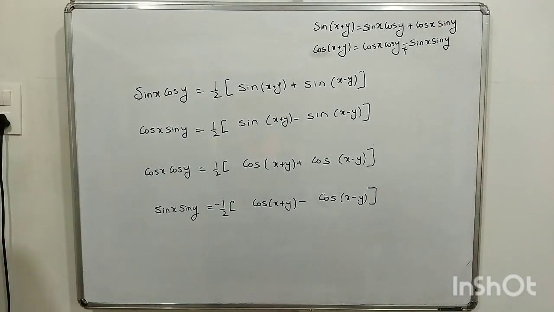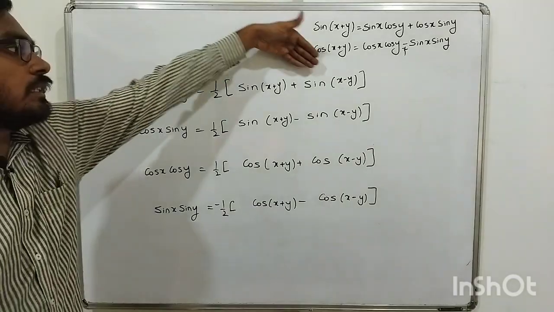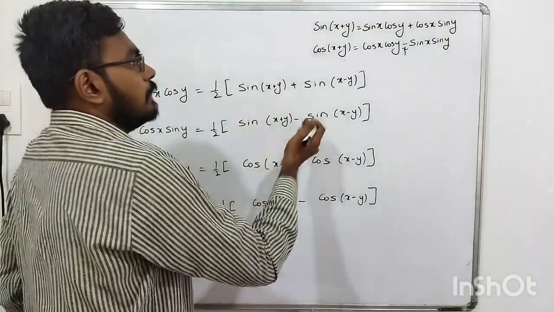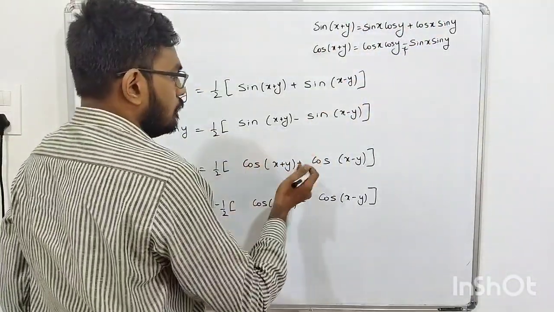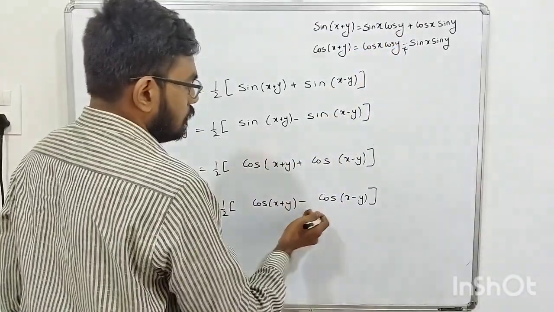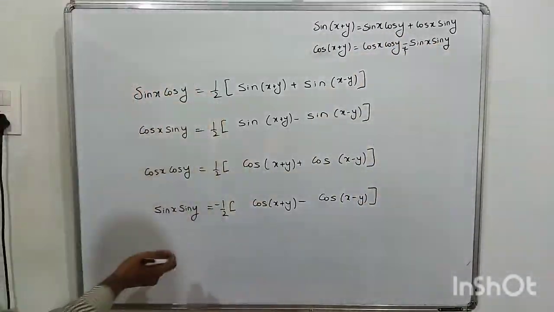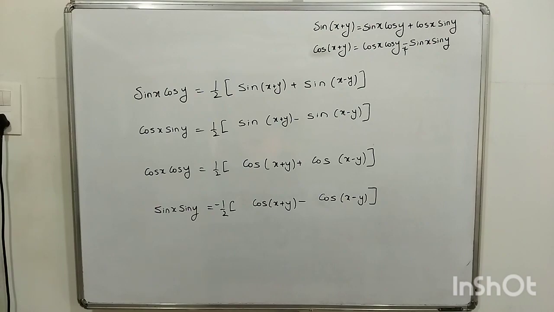So we have 4 formulas now. Understood? No, sin plus sin is first one, sin minus sin is second one, cos plus cos is third one, and cos minus cos is fourth one here. Okay, so now we will derive these formulas.